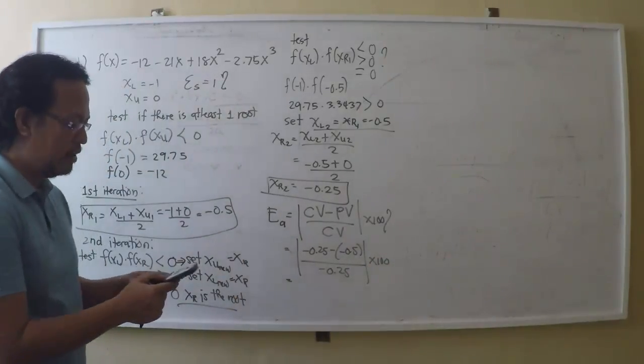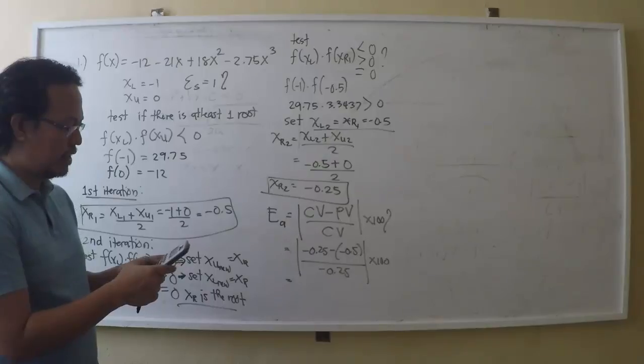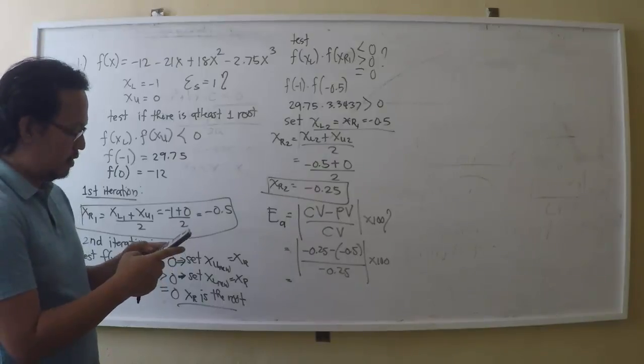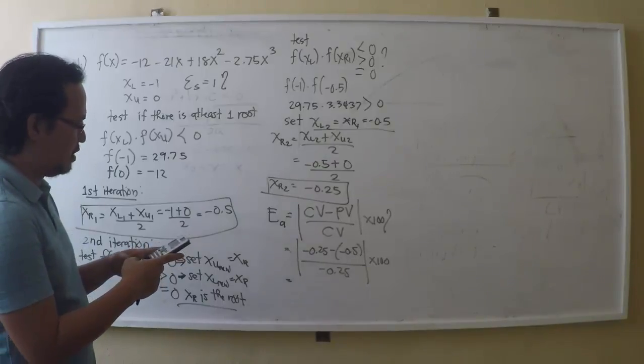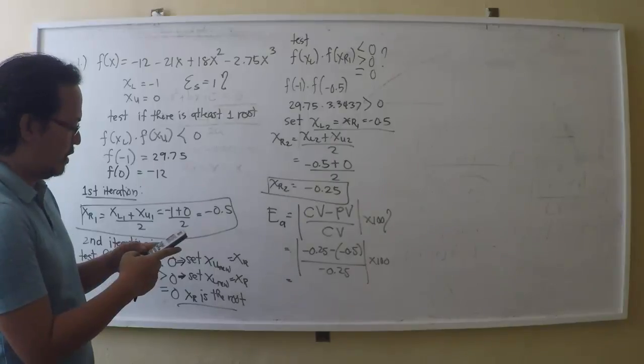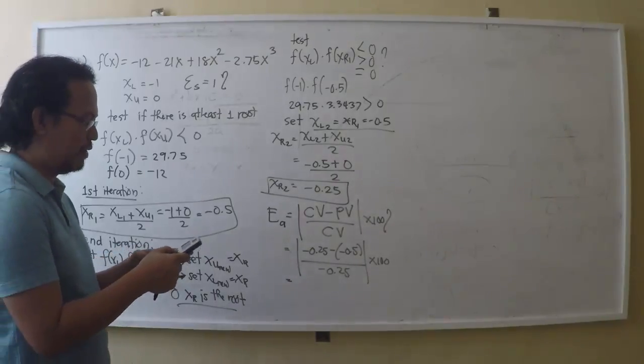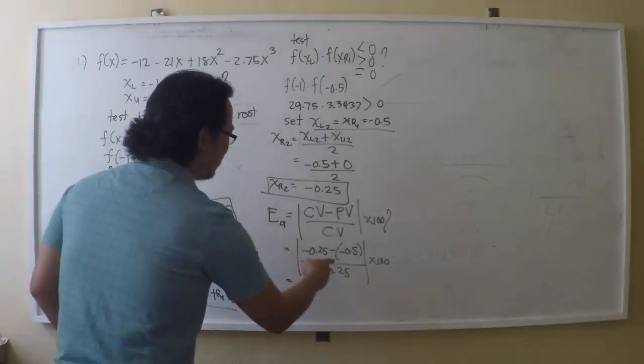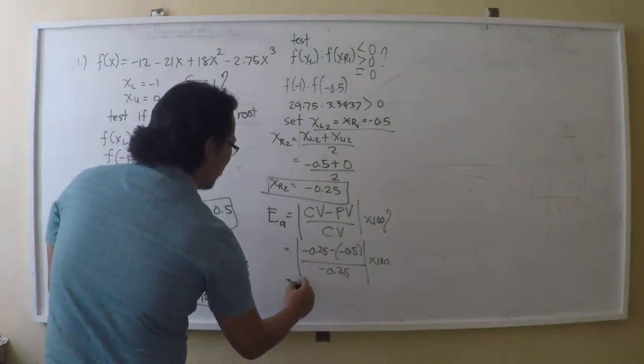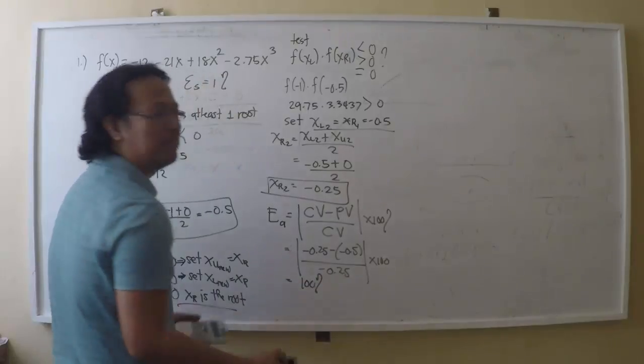What's the error there? Let's do that. -0.25 plus 0.5 divide -0.25 times 100. Oh, that is 100%. Of course. Anyway, this is 100%. Very big error.